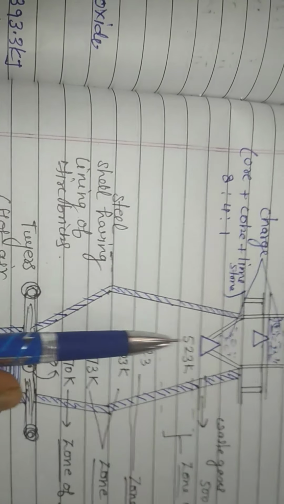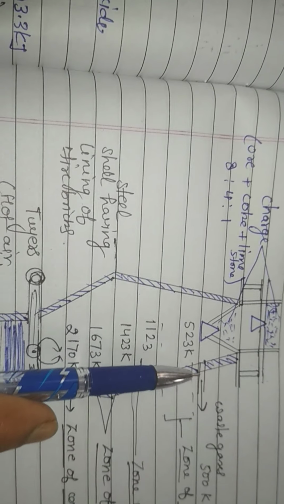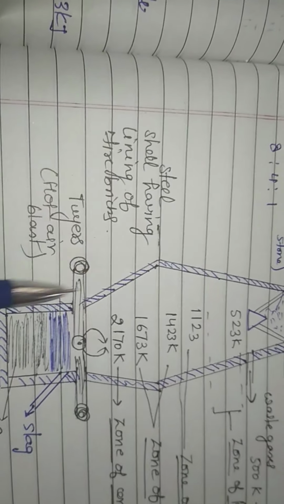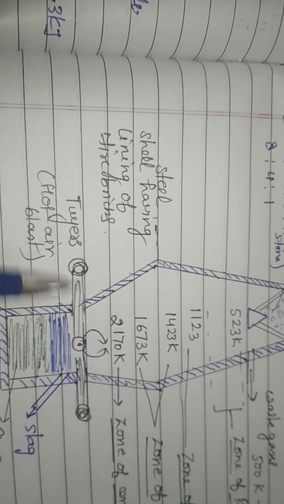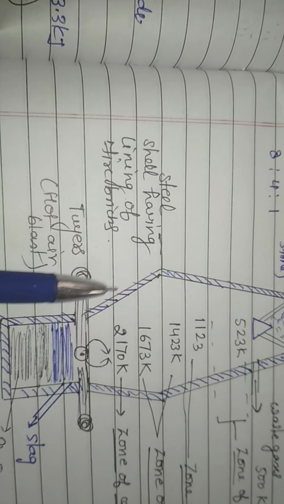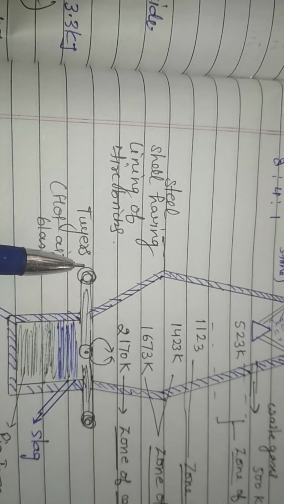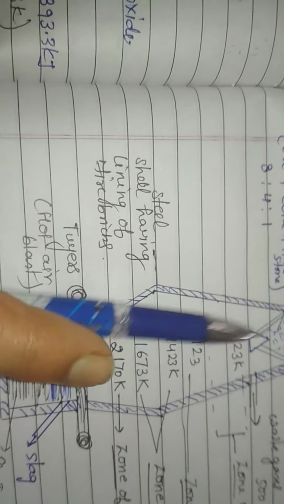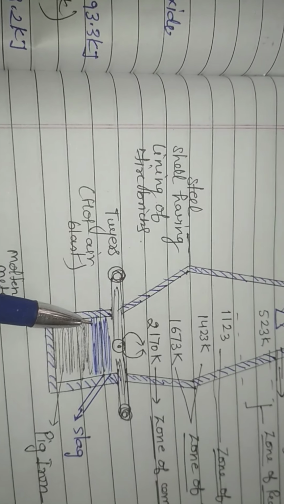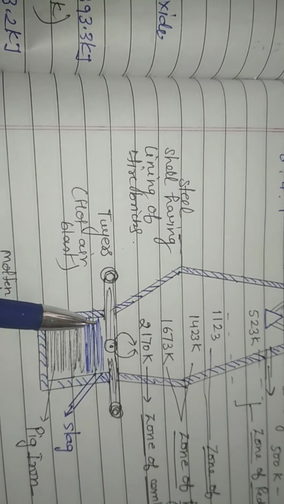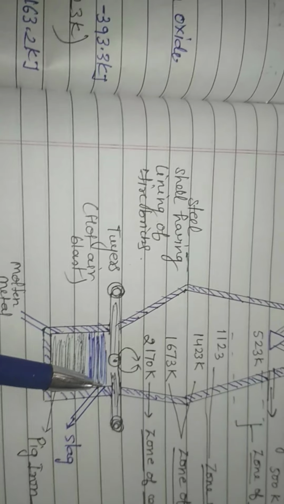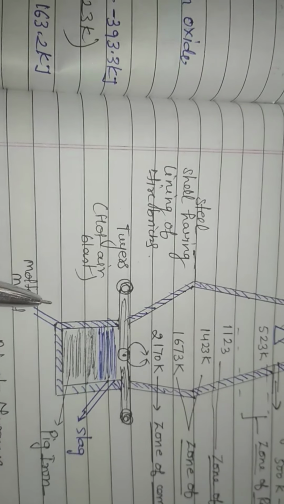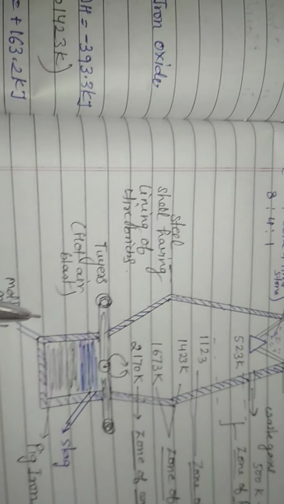In the uppermost part, we are able to see there is a hole for the exit of waste gases, while in the lower part we are able to see the tuyeres are attached, by which the hot air blast is passed to the furnace. And the last part is the hearth, which is like a big crucible having two holes, first for the exit of slag and second for the exit of molten metal.